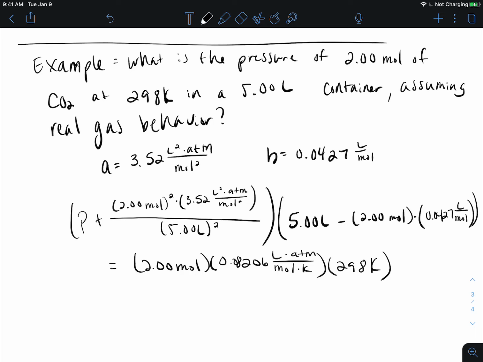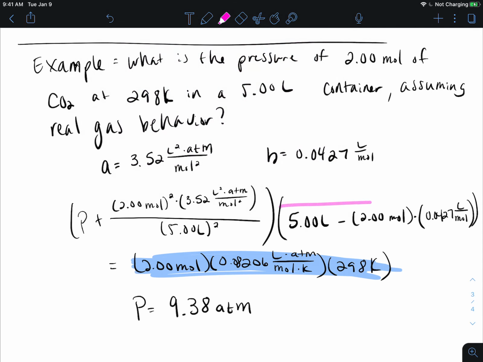Okay, I want you guys to try this math out. Make sure you put it into your calculator. At the end, you should get a pressure equal to 9.38 atmospheres. The steps you should take, in my opinion: solve for this first, and then divide by the value you get here.